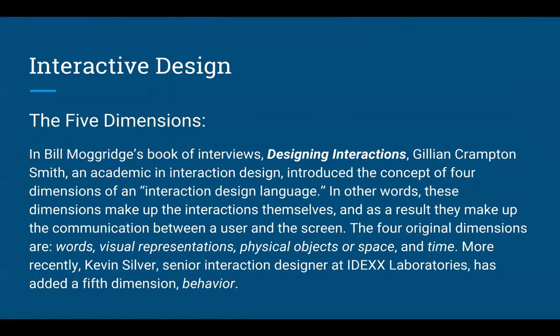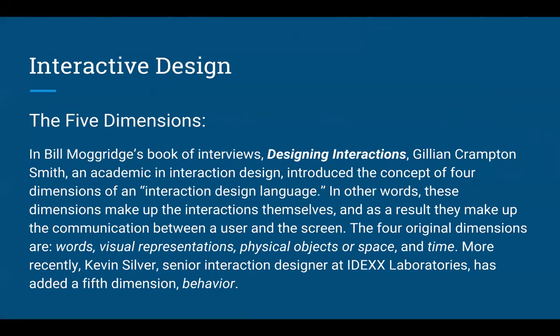All right, so then there's this book of interviews. It's Bill Moggridge's book, and it's called Designing Interactions. It's basically about interaction design, and it has 4 concepts or 4 dimensions of an interaction design language. You'll notice that my headline says the 5 dimensions.